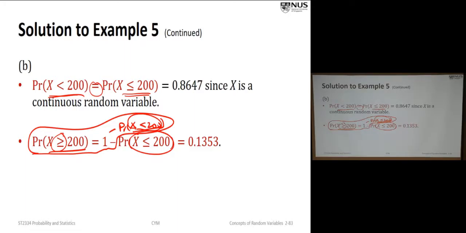So the probability of these two events are the same, but it does not mean that these two sets are the same. The same applies here. For continuous, it doesn't matter. This x less than 200 and x less or equal to 200 are the same. But when you come to the discrete case, this distinction is very important.